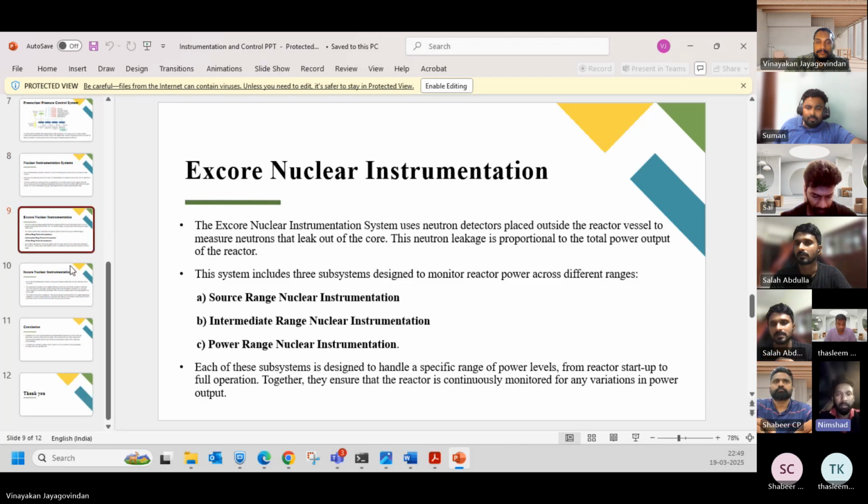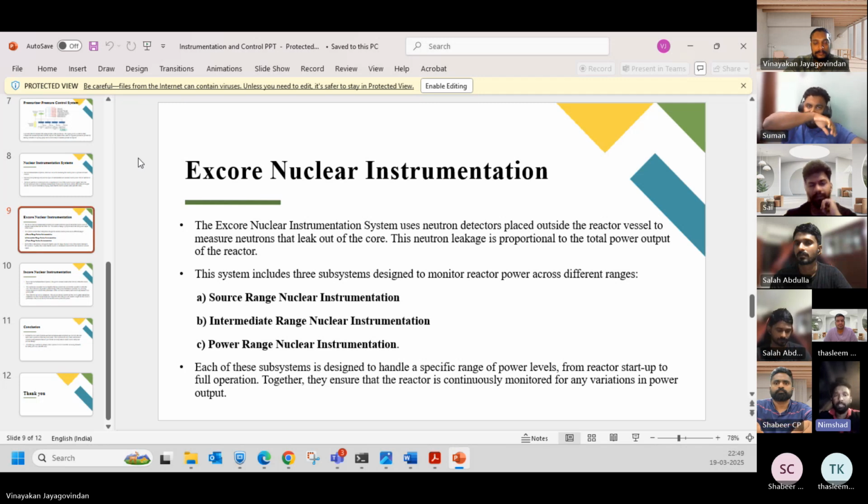So we'll just go through ex-core and in-core nuclear instrumentation. The ex-core nuclear instrumentation system uses neutron detectors placed outside the reactor vessel to measure neutrons that leak out of the core. The neutron leakage is proportional to the total power output of the reactor. These systems include three subsystems.